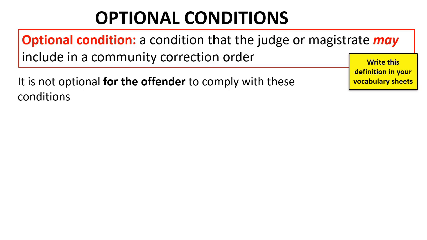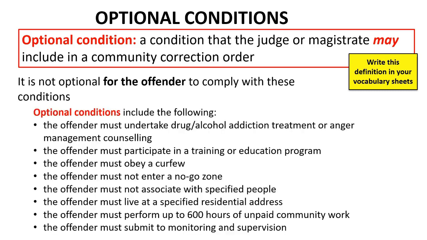There are a number of different optional conditions that a judge or magistrate can decide to include in a community correction order. I've listed some of these on this slide. Where the offender has been convicted of an offence that is caused by drug or alcohol addiction, for example, where the offender has driven while under the influence of an alcohol addiction or has robbed someone to obtain money to feed their drug addiction, then an optional condition might require the offender to undertake treatment for their drug or alcohol addiction.